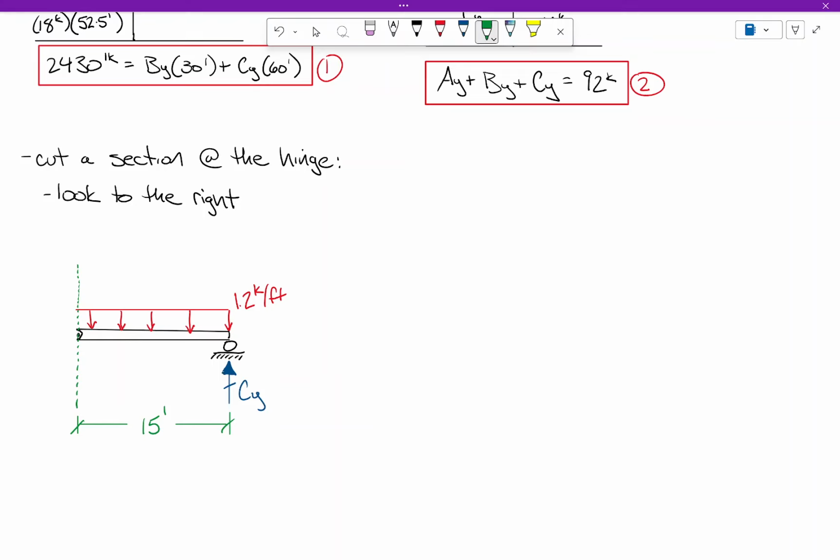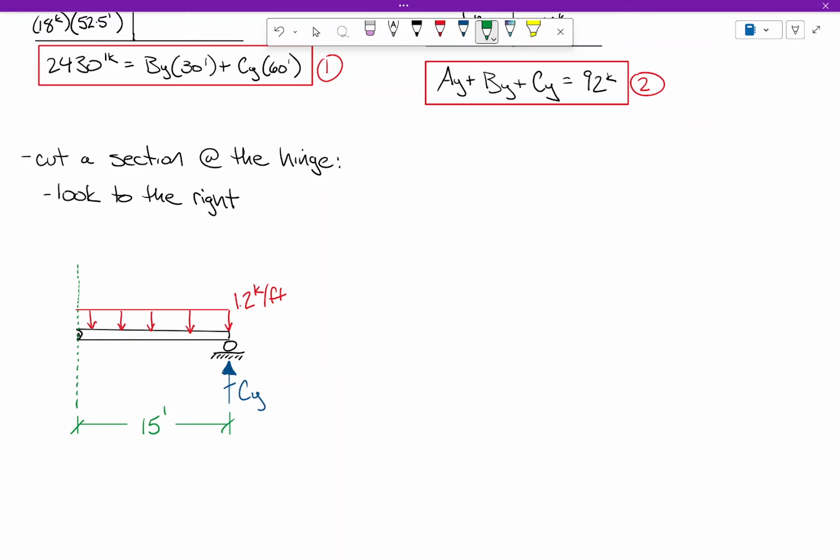And this is our free body diagram for everything to the right of the hinge. Does that make sense? Okay. Now I do want you to get into the practice of whenever you cut sections to ignore the point load right here, because I want you to start thinking that whenever you cut a section, you need to figure this out again.